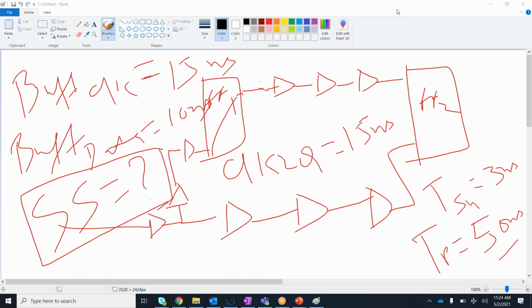So 17 nanoseconds, positive slack of 17 nanoseconds. Okay, so we received the answer. The answer is positive 17 nanoseconds. Is everybody getting the same answer, or do you have another opinion?